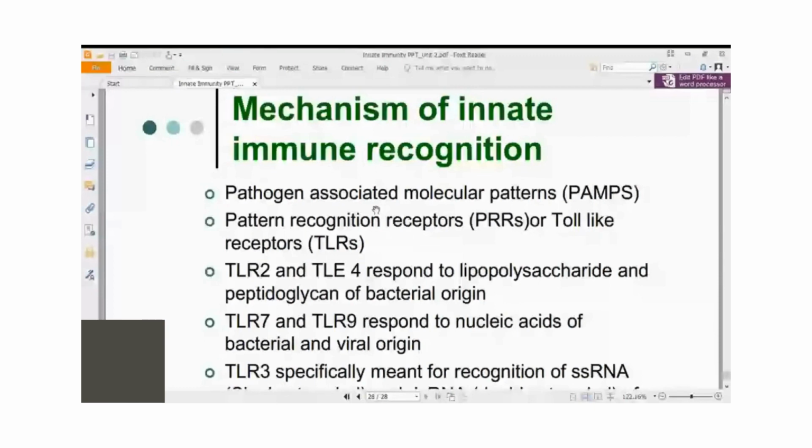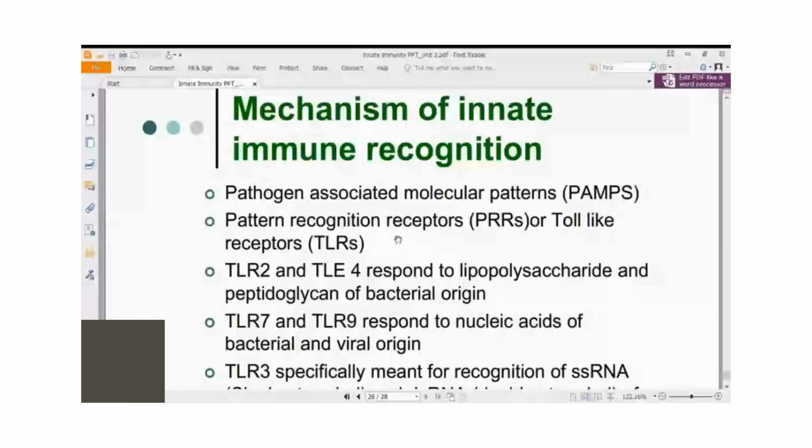Pathogen associated molecular patterns. PAMPs refers to the molecules associated with the pathogen. PRRs refers to the defense cells. Almost all our defense cells have these PRRs on their surface.